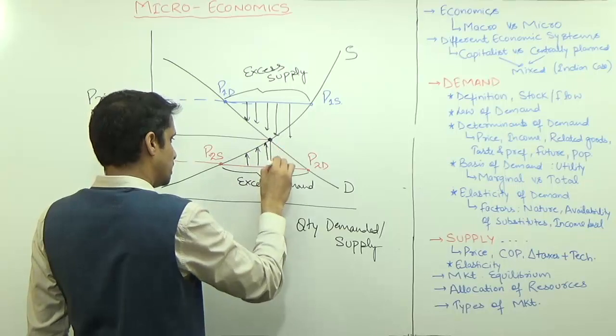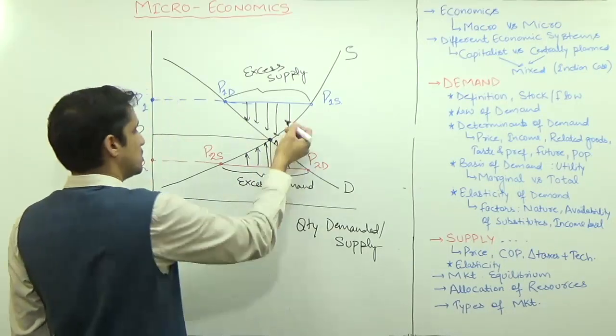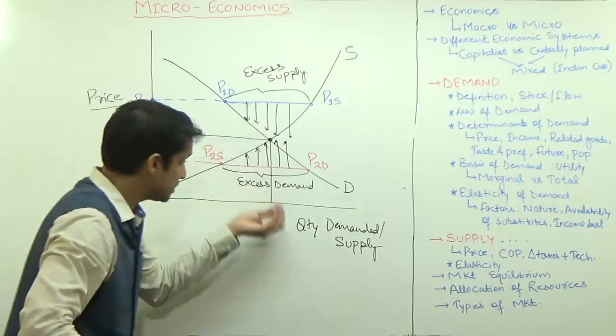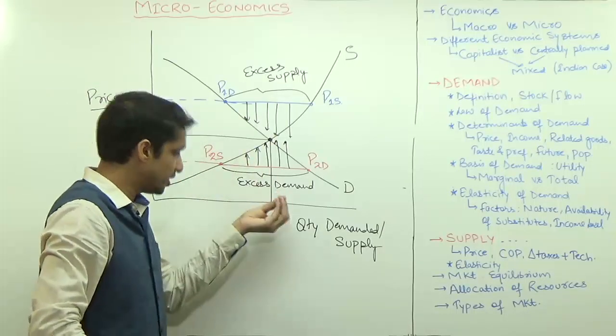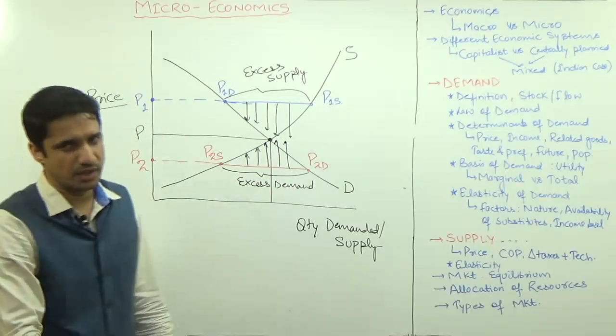Similarly, the demander, whoever has created the demand, the consumer, also wants to increase the supply so that at least the commodity is available. At this price, no commodity was available.